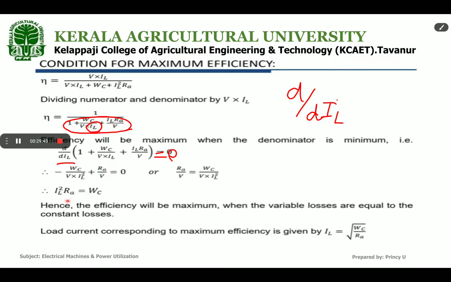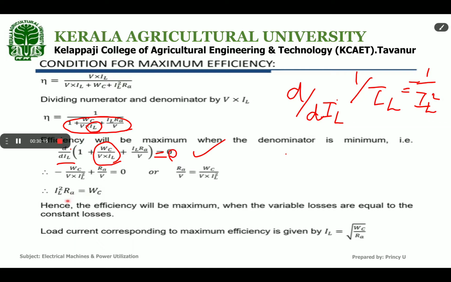So d by dIL of 1 plus WC by VIL plus ILRA by V equal to 0. By differentiating, you will get d by dIL of 1 is 0. For the term with 1 by IL, d by dIL of 1 by IL is minus 1 by IL square.